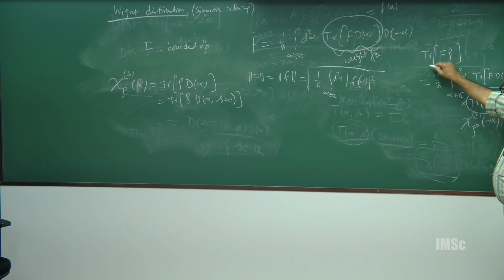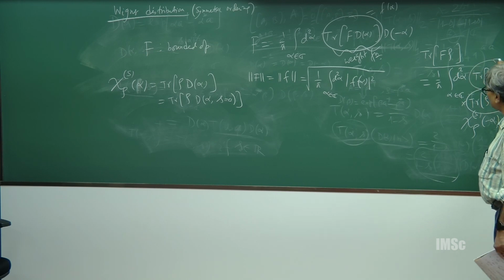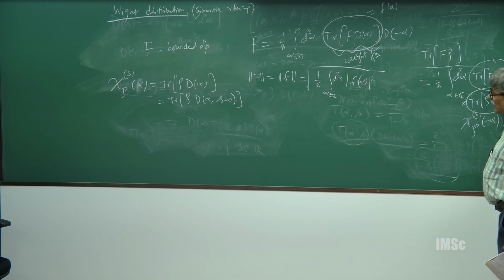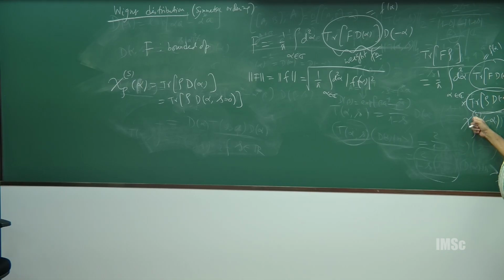So, when I take the average value of an operator with respect to my state, these are the two things which will come: the weight function corresponding to this operator, which we call f of alpha, and this characteristic function. This is the generic case irrespective of whether you choose symmetric ordering, normal ordering, or anti-normal ordering, it does not matter.